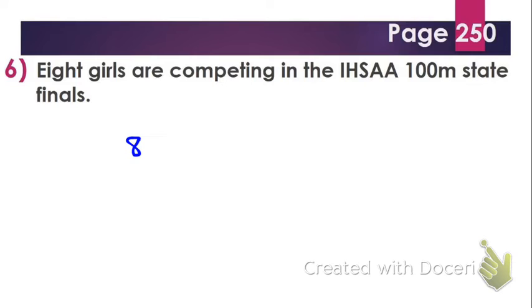Yes. Now, barring any catastrophe, how many girls will cross the finish line? All 8 of them will cross the finish line. How many different ways can this happen?